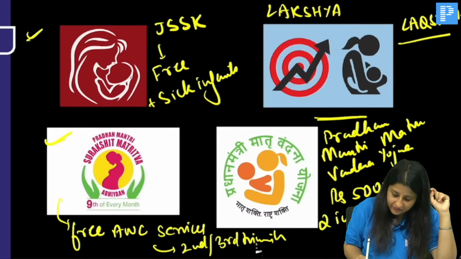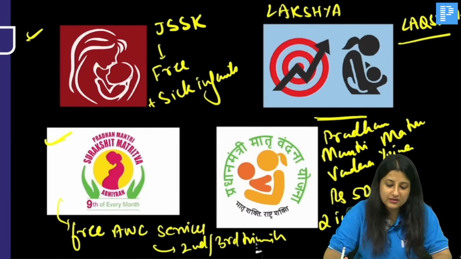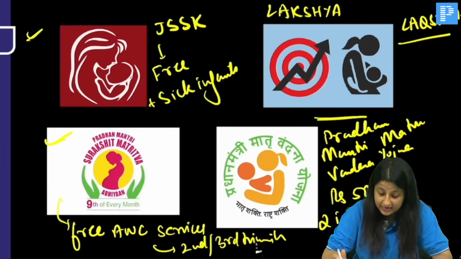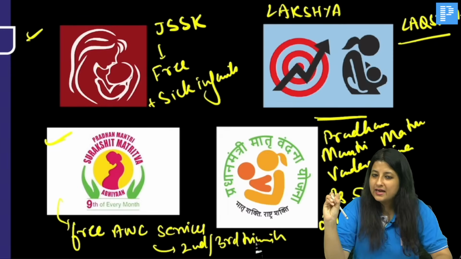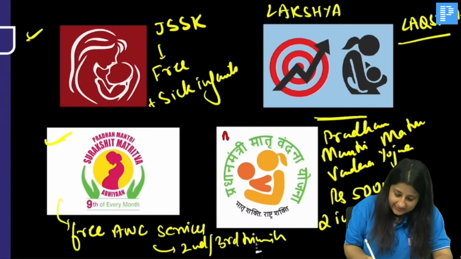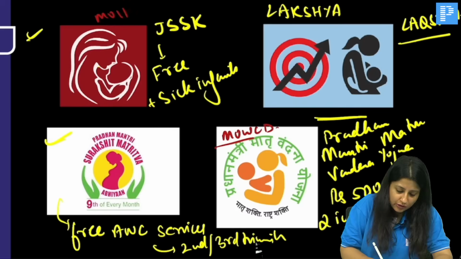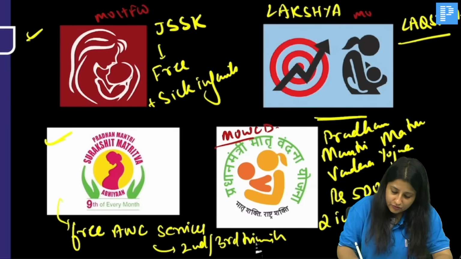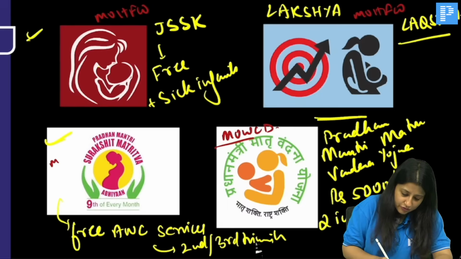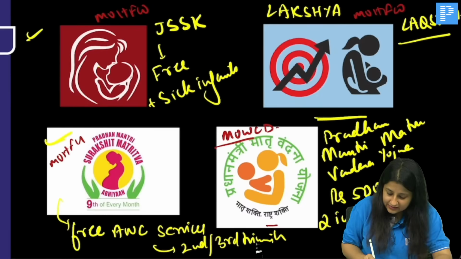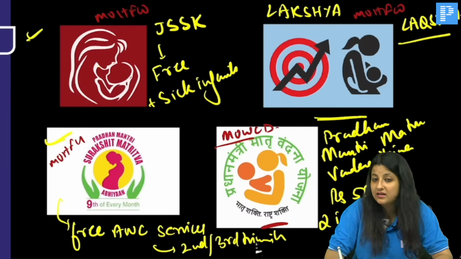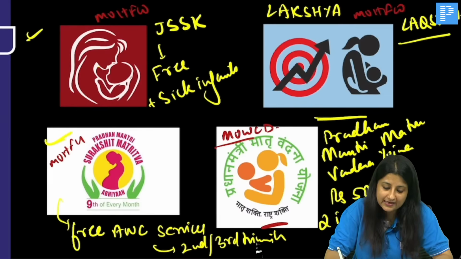And one more point: JSY, JSSK, Lakshya, every program is under the Ministry of Health and Family Welfare, but Pradhan Mantri Matru Vandana Yojana is under the Ministry of Women and Child Development. Remember this.